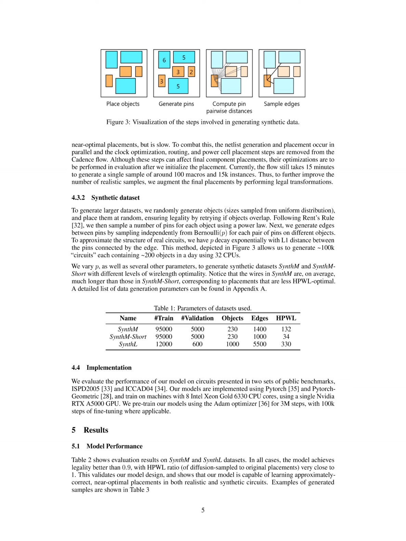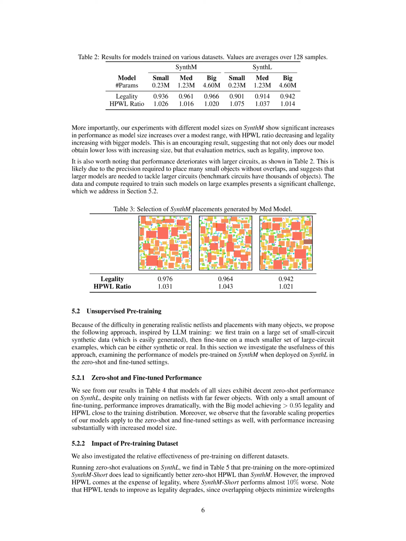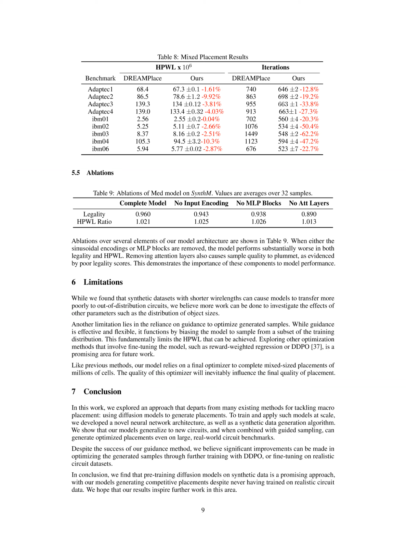Additionally, the paper conducts experiments on synthetic datasets, Synth-M and Synth-L, and real-world circuits from public benchmarks, ISPD 2005 and ICCAD 04, to test the model's performance. The experiments show that the model achieves legality better than 0.9 and HPWL ratios close to 1, indicating that the model can learn near-optimal placements in both realistic and synthetic circuits.